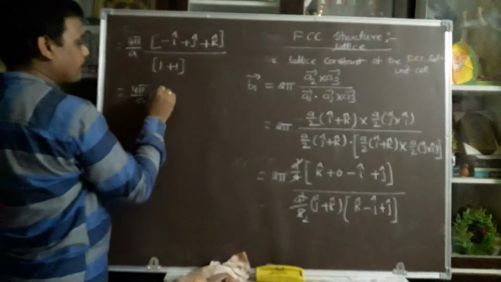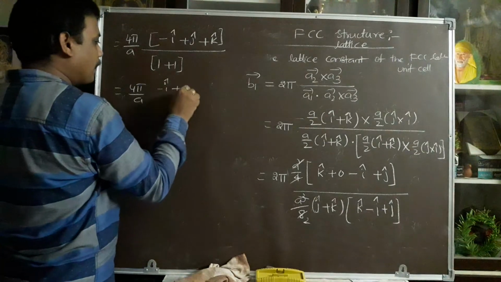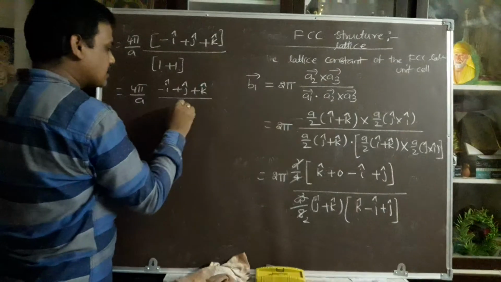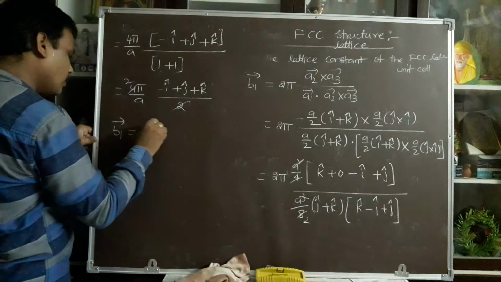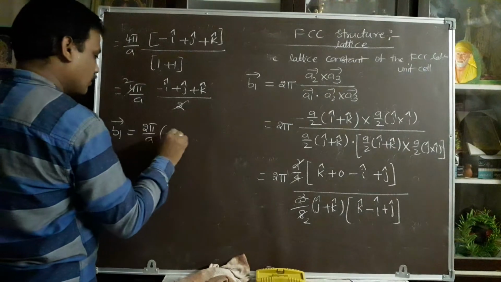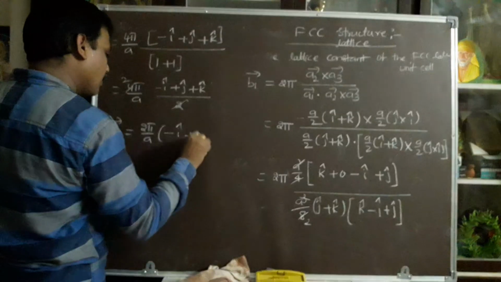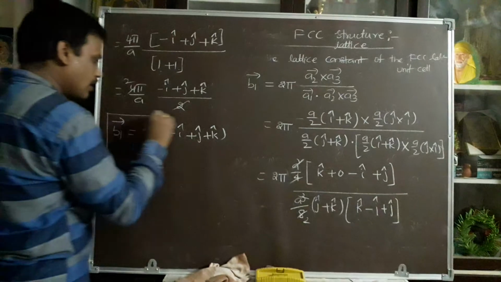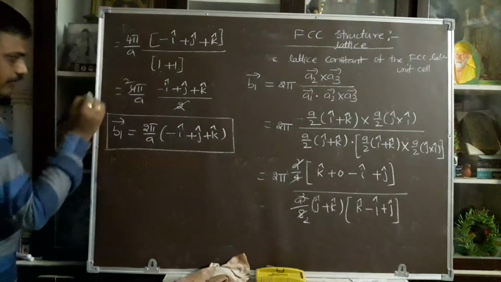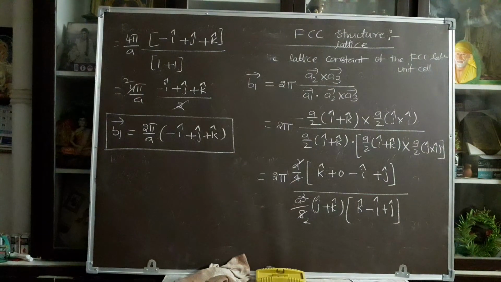So 4 pi by a into minus i cap plus j cap plus k cap by 1 plus 1, which is 2. 2 in 4, 2 times. So finally you get b1 bar equal to 2 pi by a into minus i cap plus j cap plus k cap. This is the reciprocal lattice vector of the face centered cubic structure.